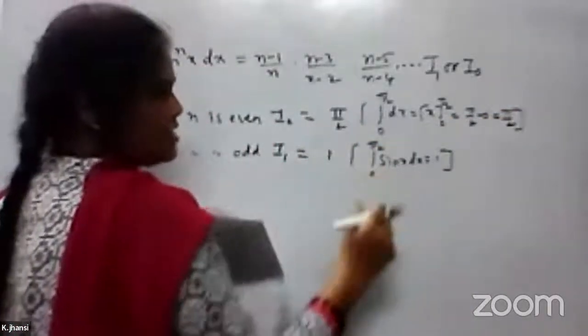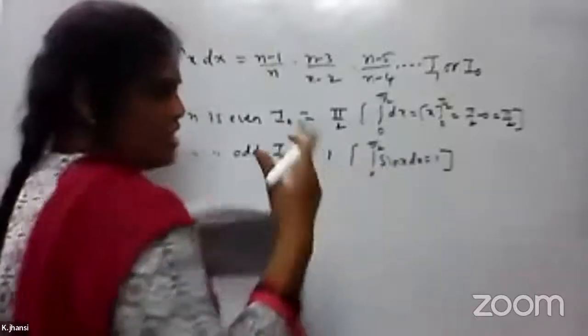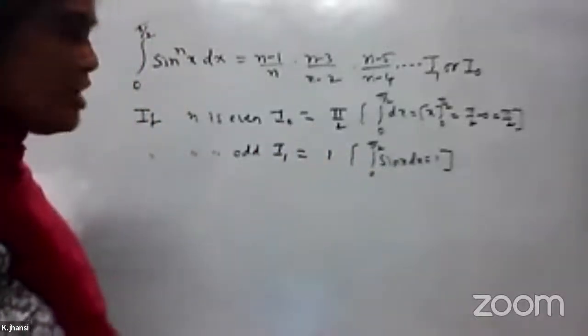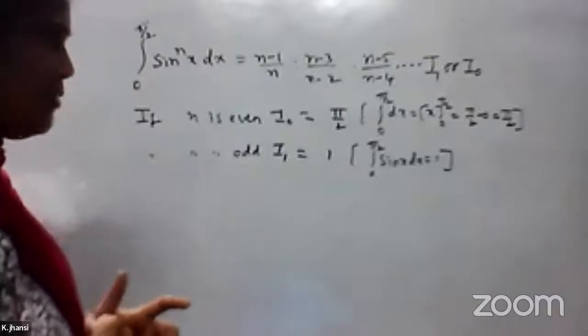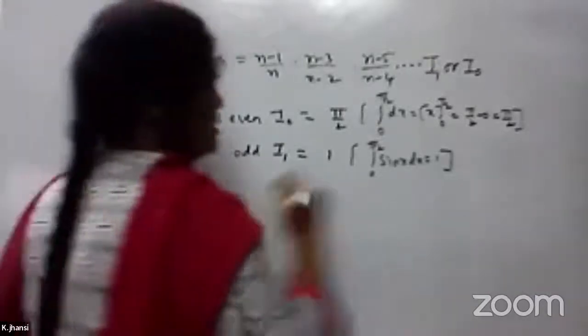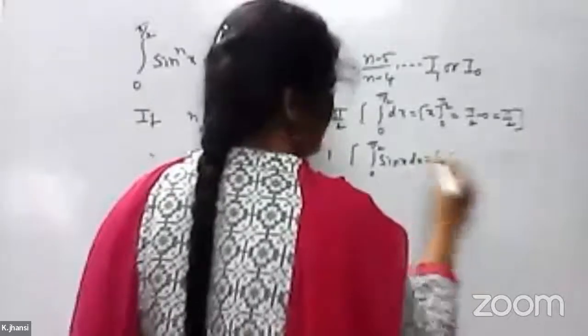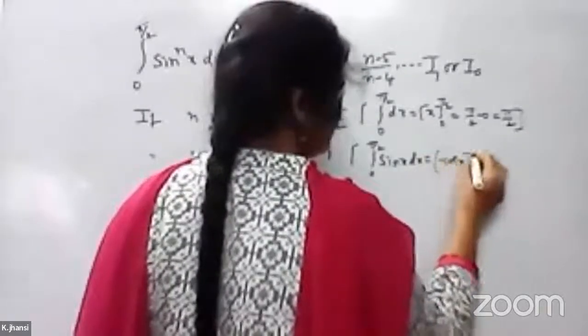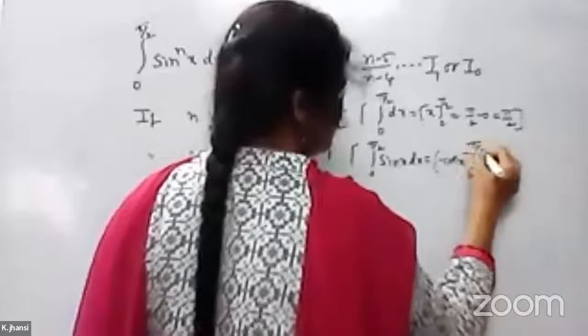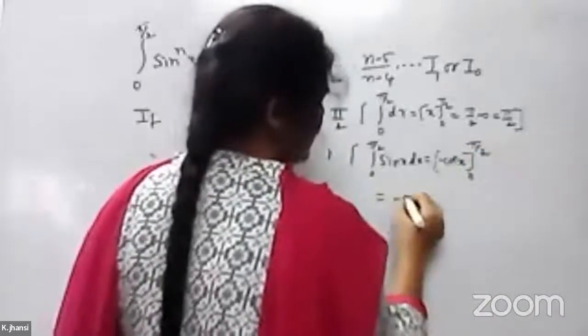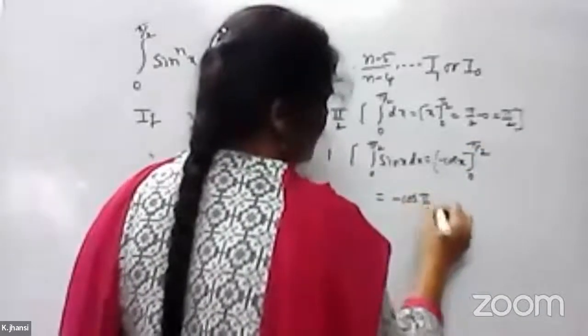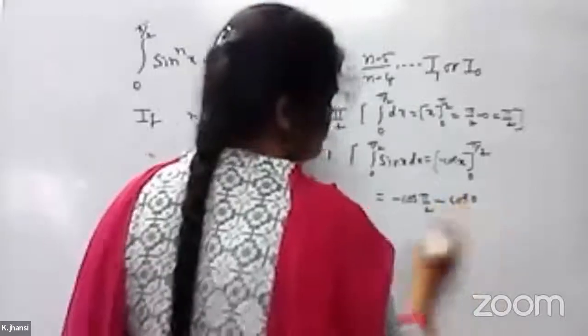Here, for sin x dx, you will get minus cos x, from 0 to pi by 2. It equals minus cos pi by 2 minus cos 0.